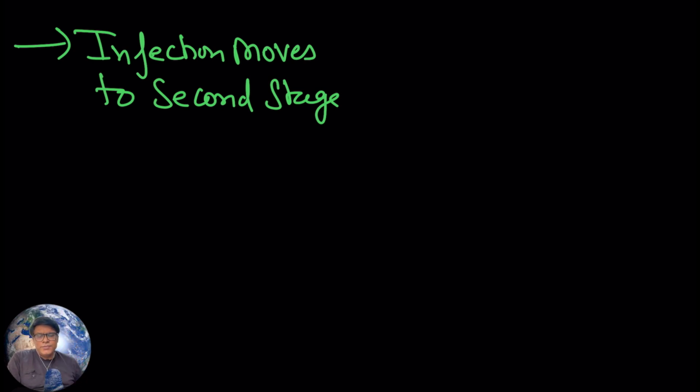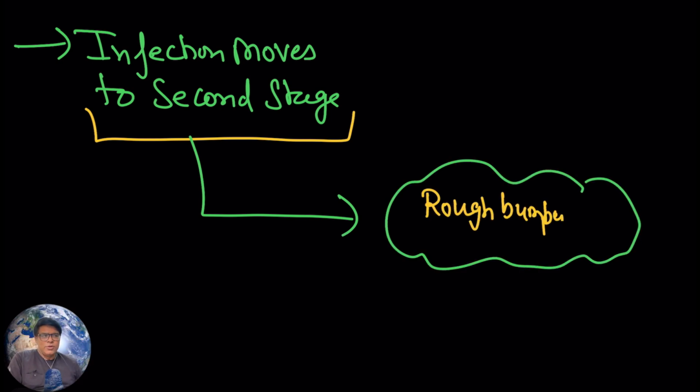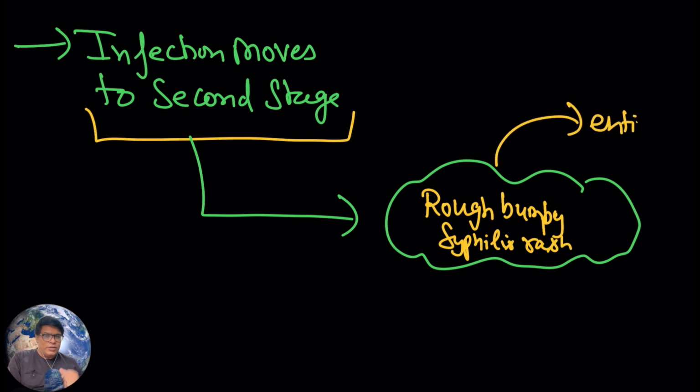The infection moves to the second stage. Try to see what actually happens. In the second stage, you are going to see a rough, bumpy syphilis rash on the entire body.